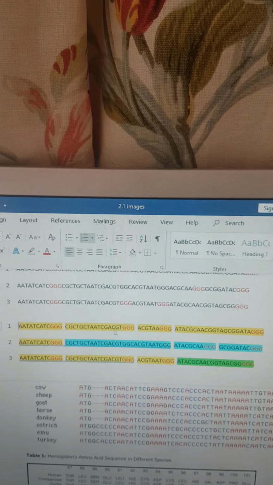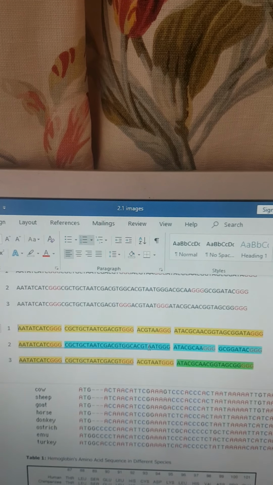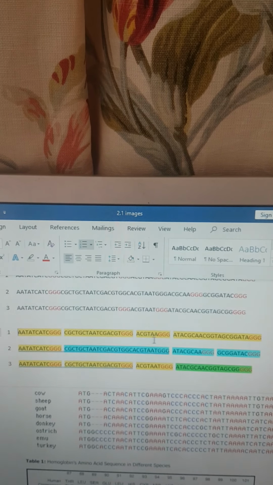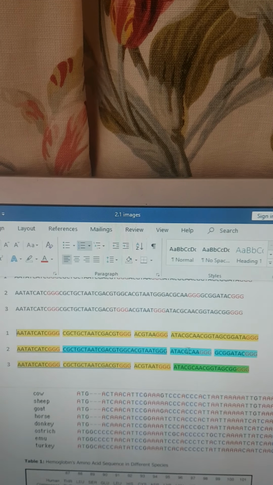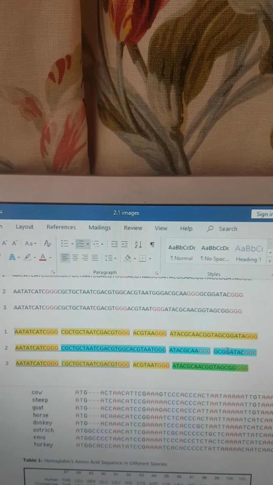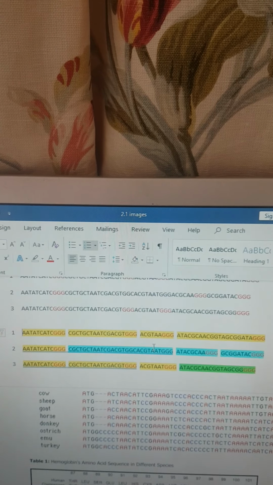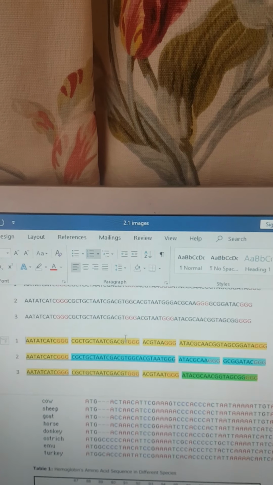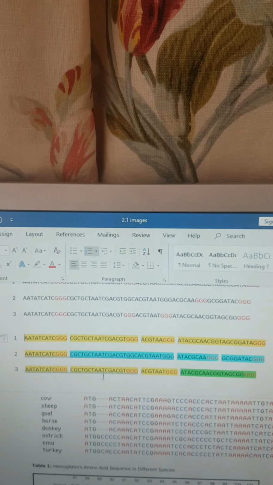Now, species 2 doesn't have a GGG there, so its 2nd section would be much longer than that for species 1. It does have another GGG there, so would have 4 different bands, but they're of different lengths to those of species 1.